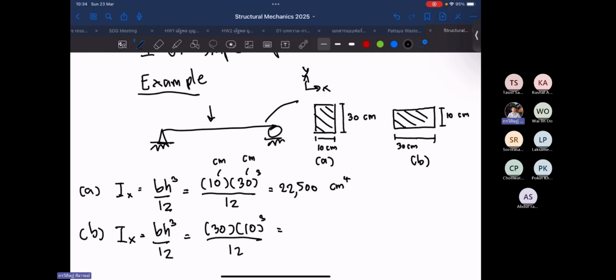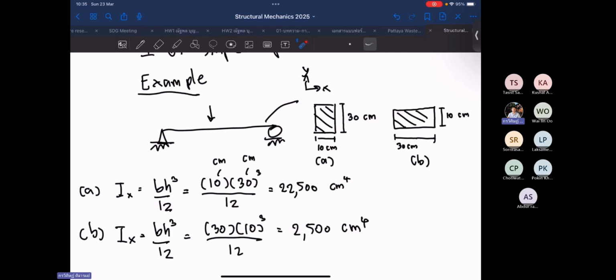Then 30 multiplied by 10 cubed divided by 12 is 2500. In other words, beam A is about 10 times, not 10 times, 9 times greater in response to the load from the y direction compared to beam B. So in this case, we had better use beam A to withstand the load in the y direction.